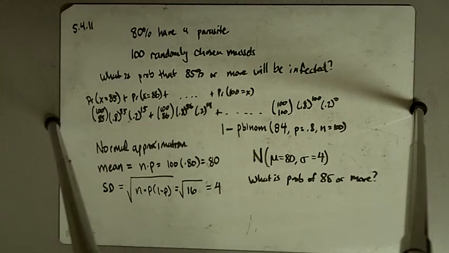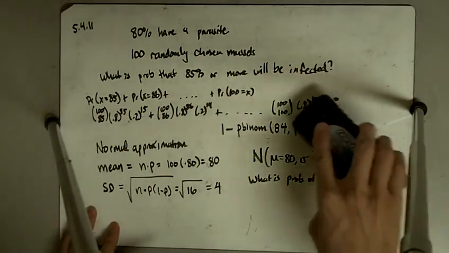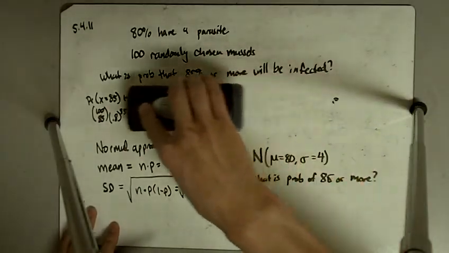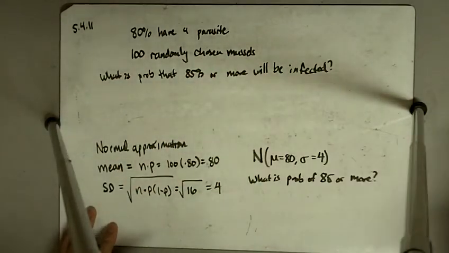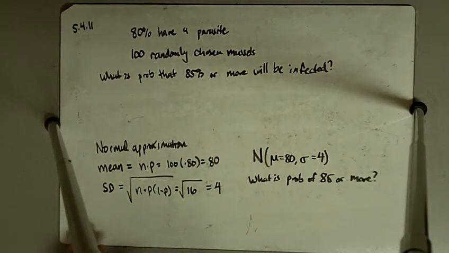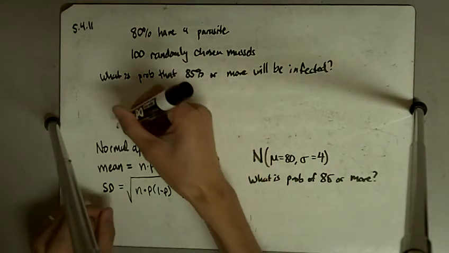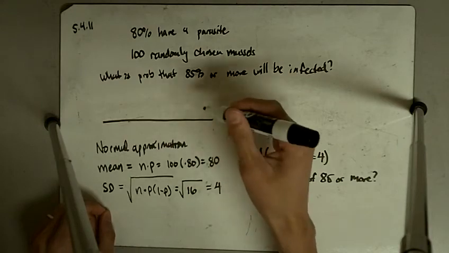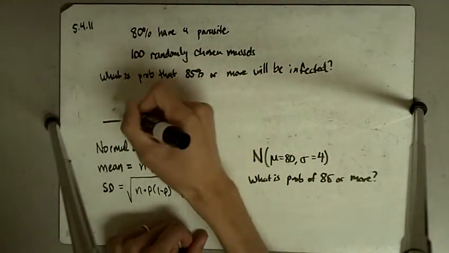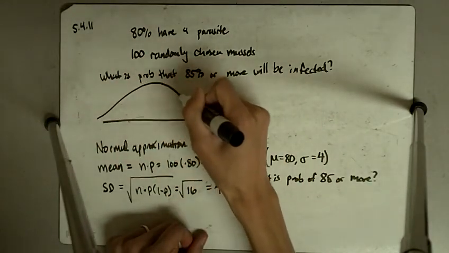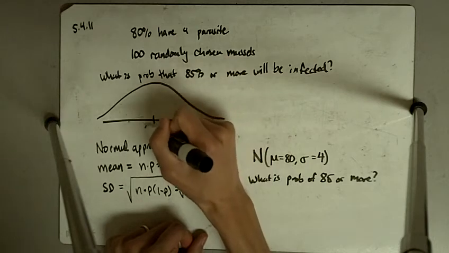Alright, so in this question, we have to use a continuity correction. So let me erase this stuff up here, which we don't need anymore, and figure out what we want to draw. So if we draw the curve like this, we are centered at 80.